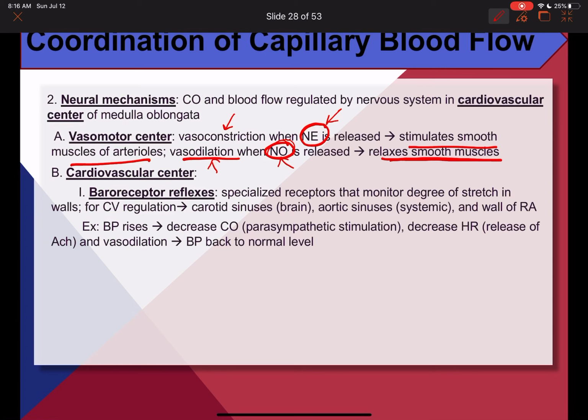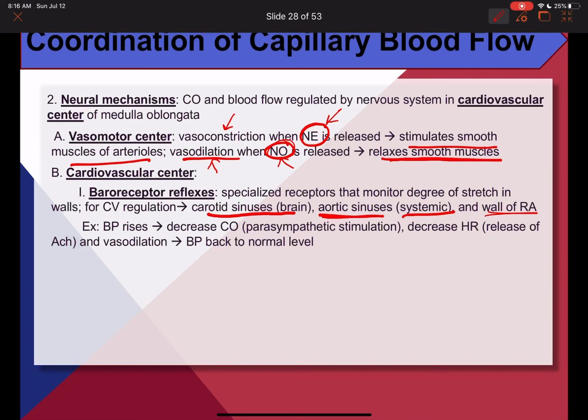These baroreceptors, remember, are measuring pressure, in a sense, blood vessel blood pressure. Baroreceptors are located within the carotid sinuses for the brain, aortic sinuses for systemic circulation, and the wall of the right atrium that monitors the pressure within the heart.